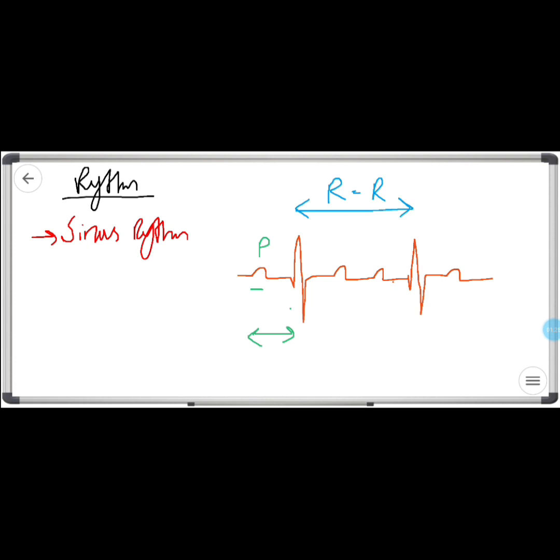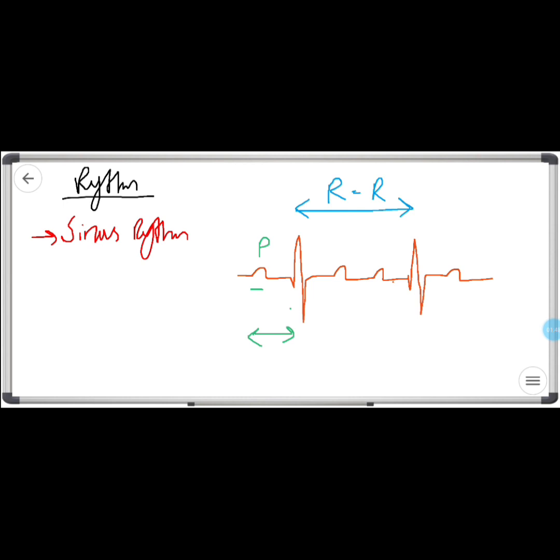That's the second thing. The first thing is that P is followed by a QRS, or in other words every QRS is preceded by a P wave. The second thing is the PR interval is constant. And the third thing is that the morphology of the P wave is normal.